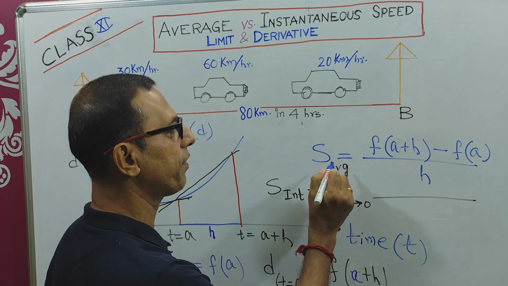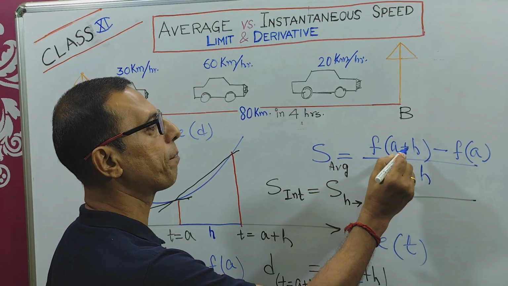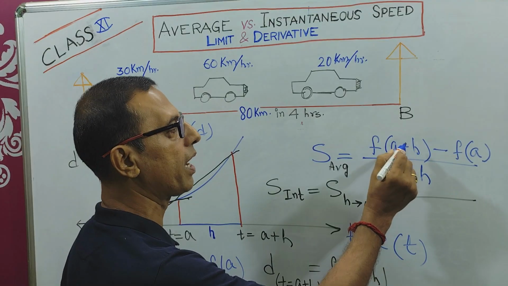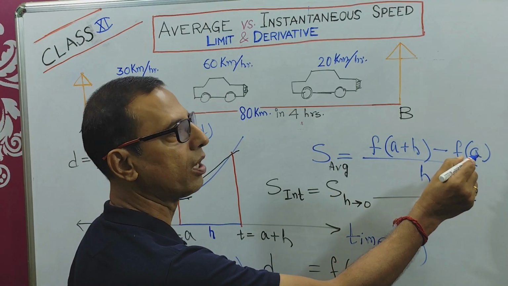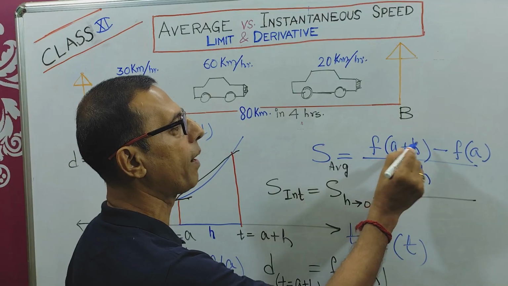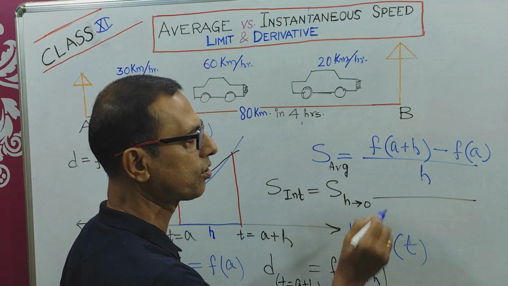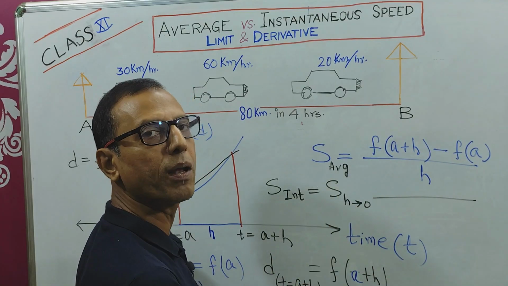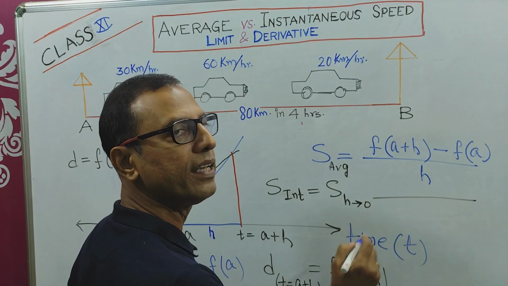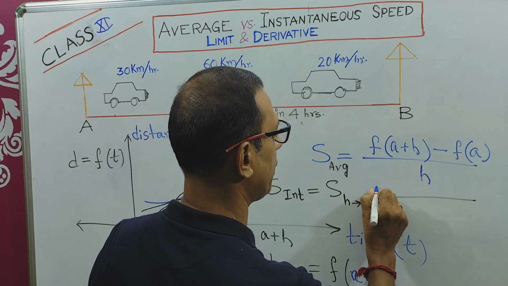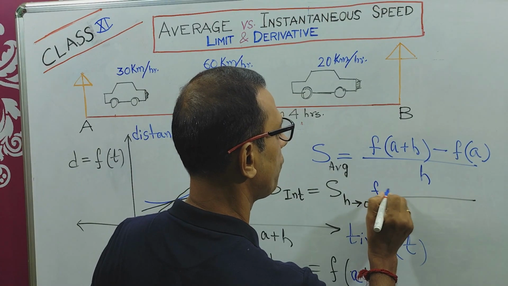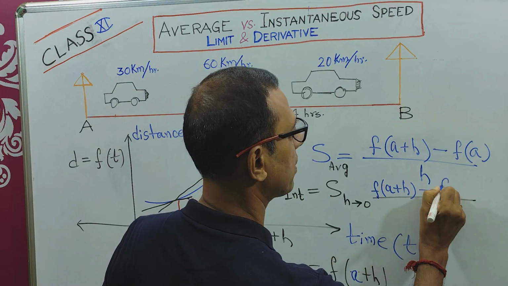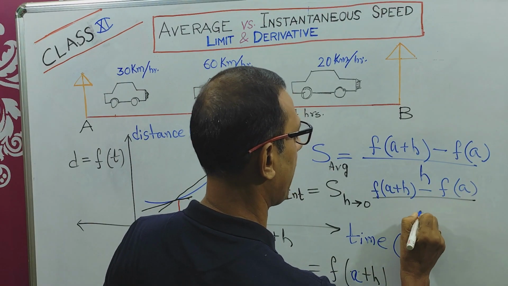So for average speed, it is f(a plus h) minus f(a) divided by h, where h is the consumed time, a is the initial time, a plus h is the final time, f(a) is the initial distance and f(a plus h) is the final distance. So it will be f(a plus h) minus f(a) by h.